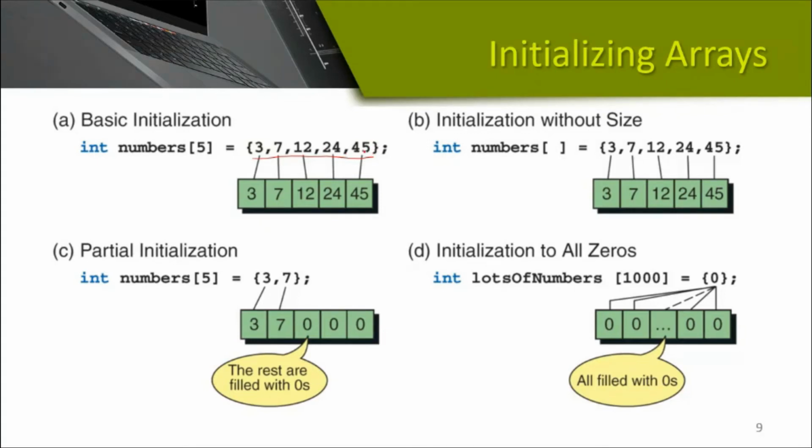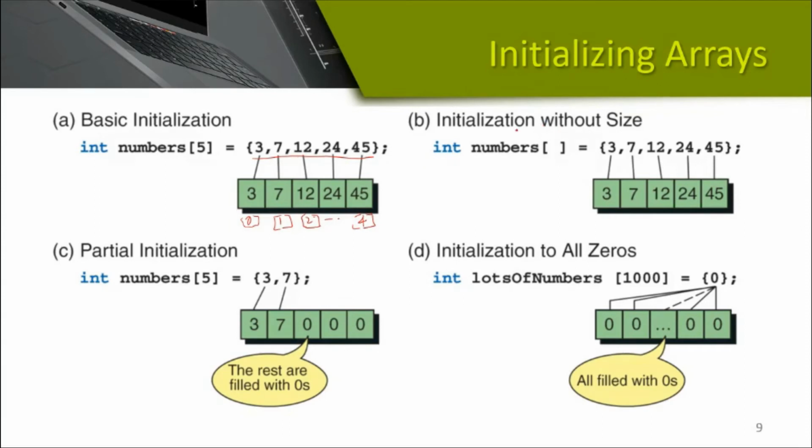All the 5 elements are kept inside braces and separated by a comma, then a semicolon. So if you create an array like this, the array will be stored like this. The first element will be numbers[0], the 0th element. And this will be the first element. And here it is the second element, etc., up to this, the 4th element, the last element.